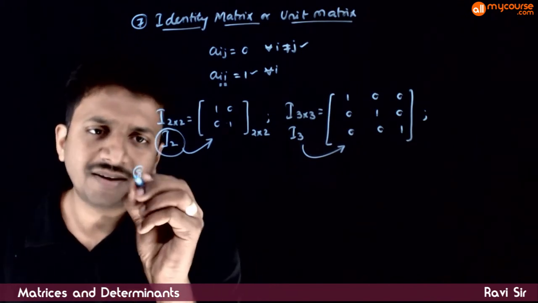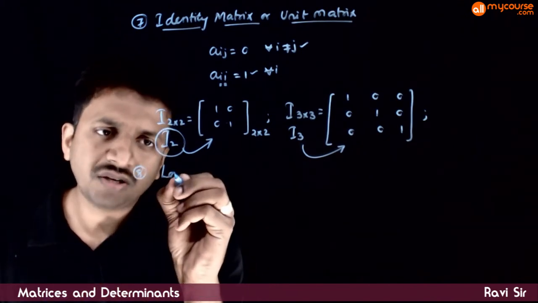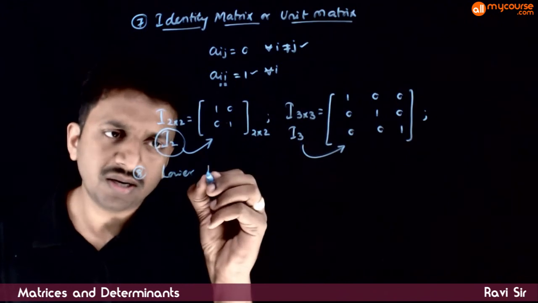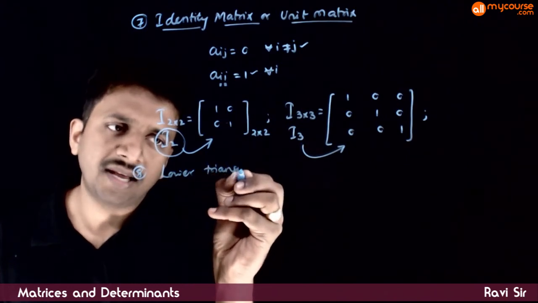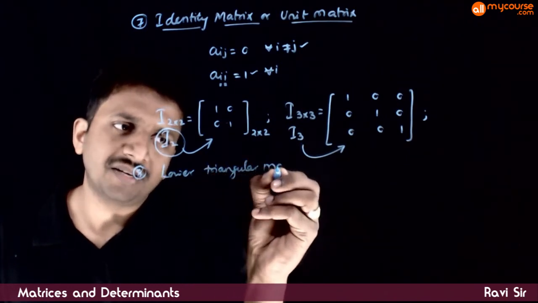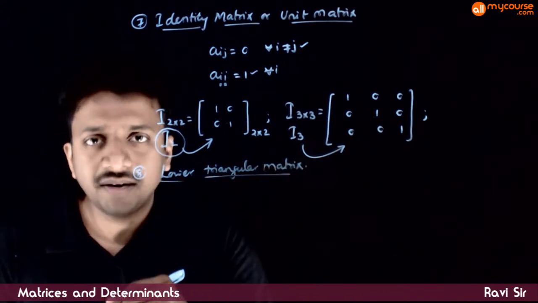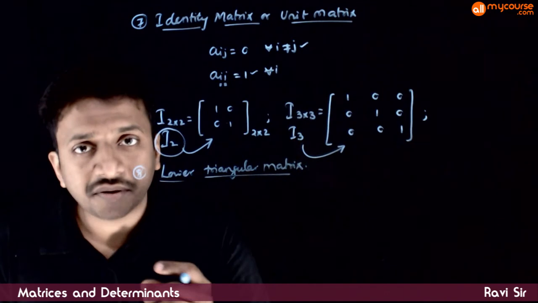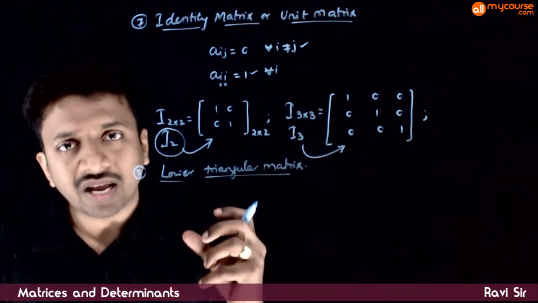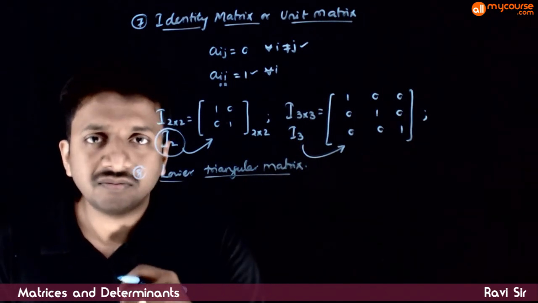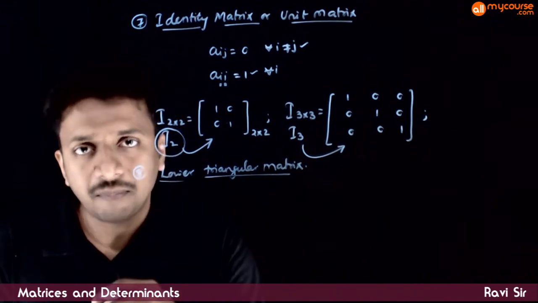The next type of matrix is called a lower triangular matrix. So what is a lower triangular matrix? A matrix where all the elements in the upper triangle are equal to 0 is called a lower triangular matrix.